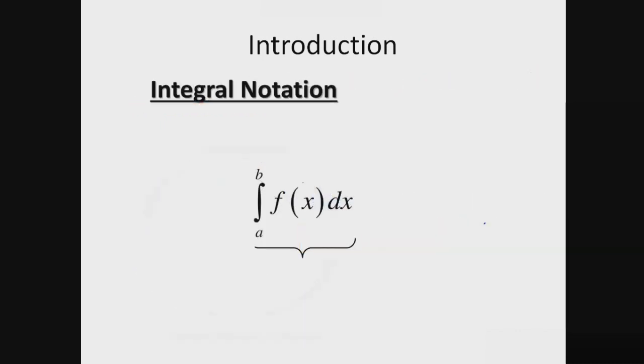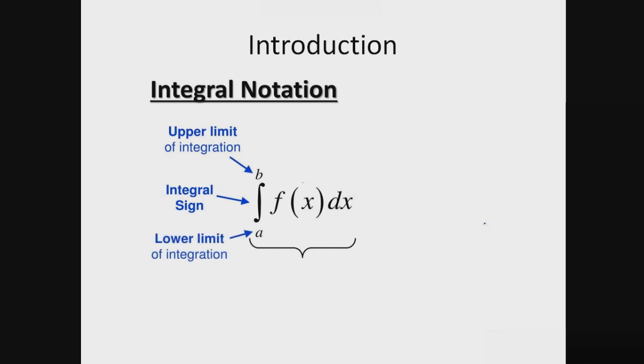Before we go deeper into the integration process, let us study the integral notation and symbol. This symbol is known as the integral sign. At the top of this integral sign, there is b, which is also known as the upper limit of integration. And at the bottom there is a, also called the lower limit of integration.